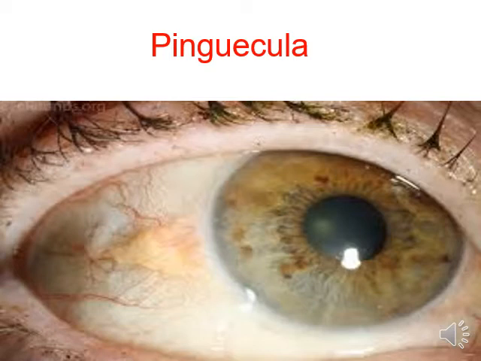Bengicula never crosses the limbus. Pterygium must cross the limbus. Pterygium is on the nasal side of the eye most of the time. Bengicula may occur nasal or temporal.